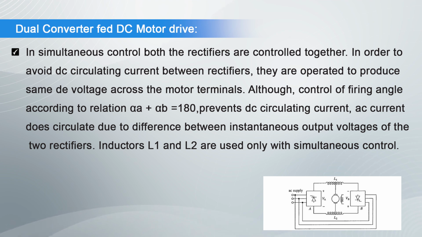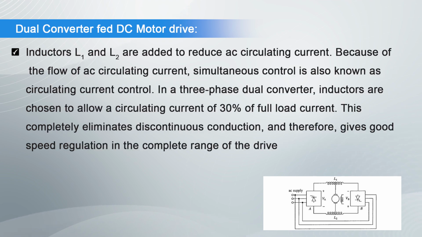Inductors L1 and L2 are used only with simultaneous control. They are added to reduce AC circulating current. Because of the flow of AC circulating current, simultaneous control is also known as circulating current control.